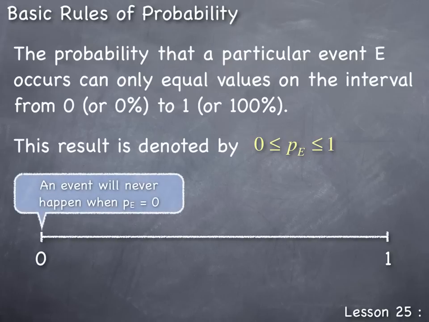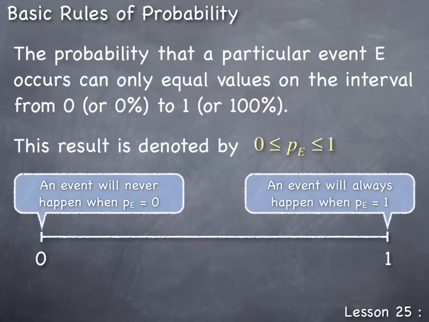Whenever the probability of an event equals 0, that event will never happen. So a probability of E equals 0 indicates that the event will never occur. When the probability of an event equals 1, that indicates that the event will always happen. So an event will always happen when the probability of the event equals 1.